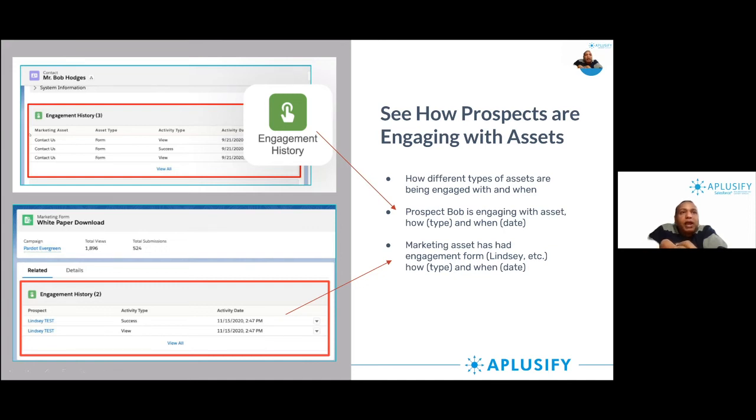And these are your marketing assets. Okay. So the contact us page is your marketing asset. It's a type of marketing form. And what Bob has done is he has viewed that on 21st of September 2020. And then he had also filled up this form. Okay. So you know how your prospects are actually engaging with your asset.